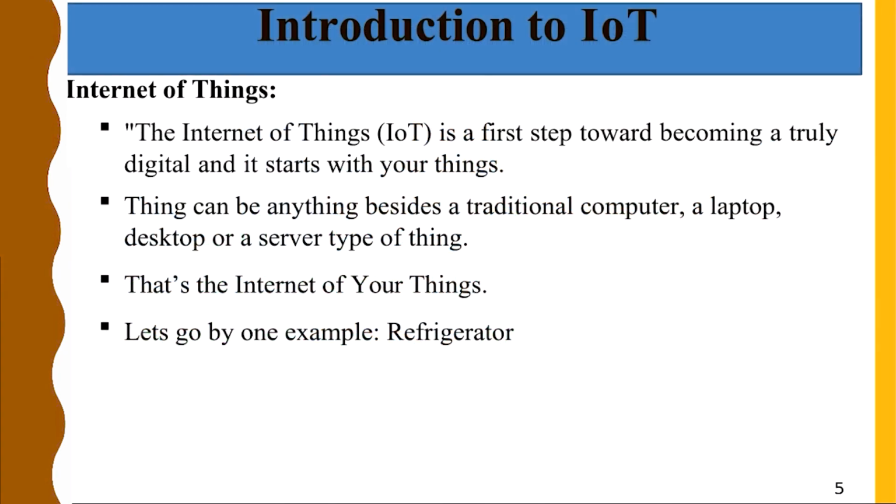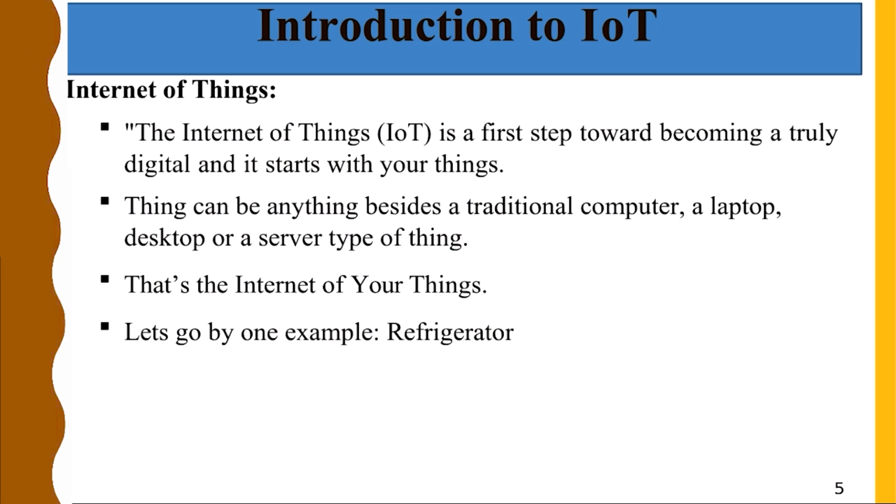When we say Internet of Things, it starts with a thing. This thing can be any of your things. It can be an IoT device only if it has certain capabilities. But that thing definitely can be anything except a computer, laptop, desktop or server.